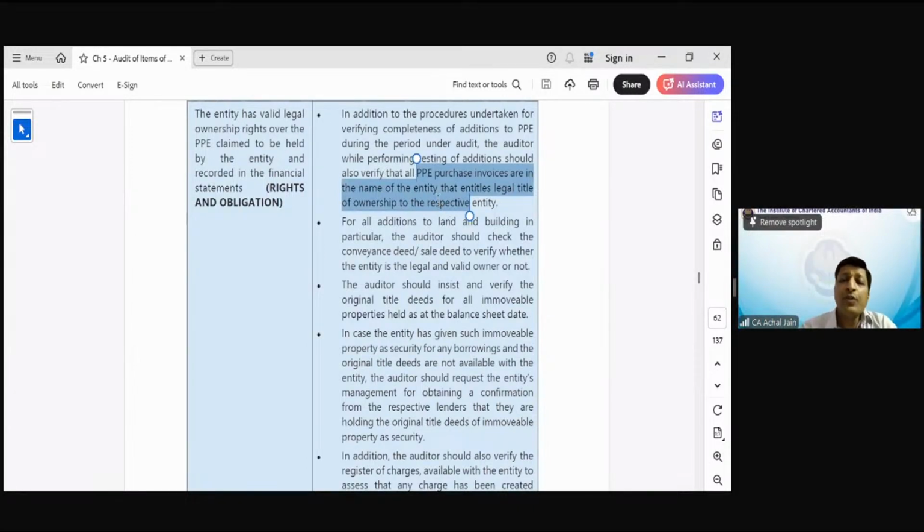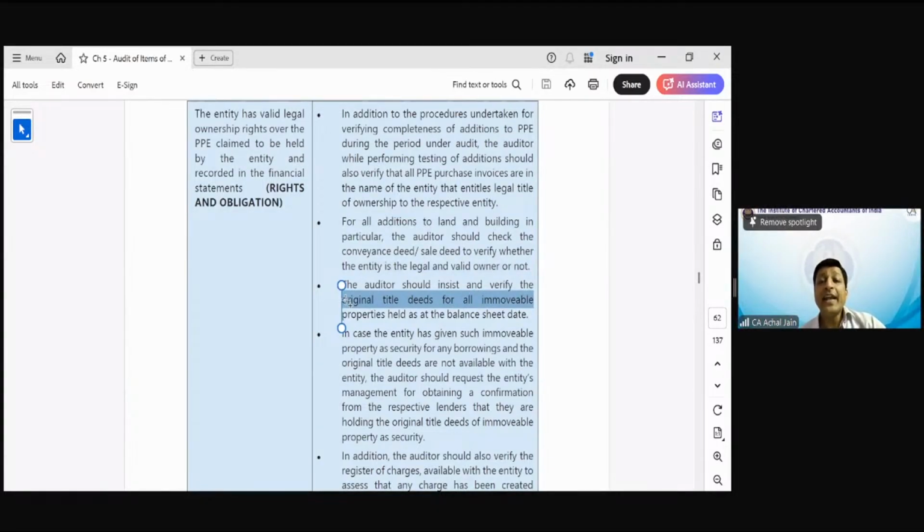For all additions to land and building, particularly, whether there is a conveyance deed, sale deed, to verify whether the entity is the legal and valid owner or not. Auditor should insist and verify original title deeds.